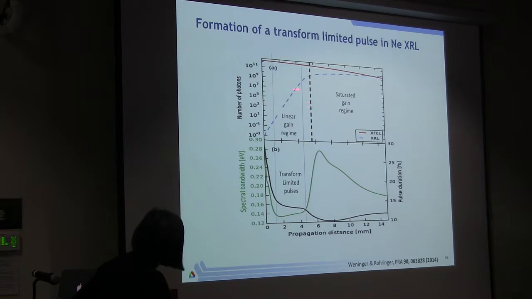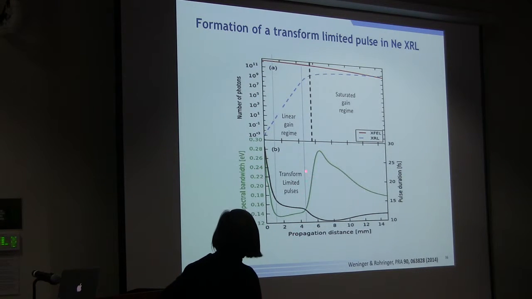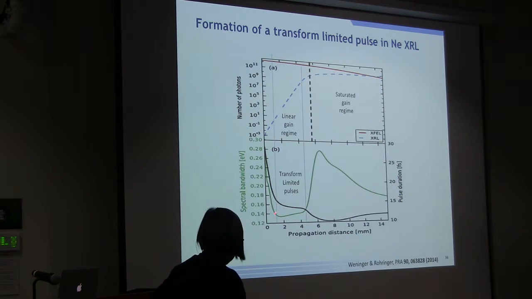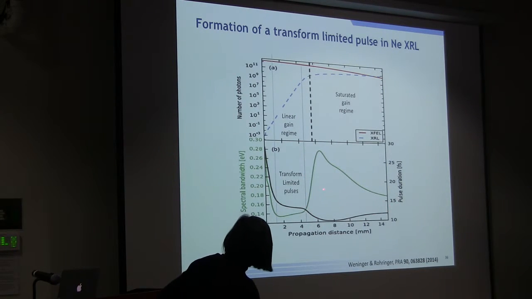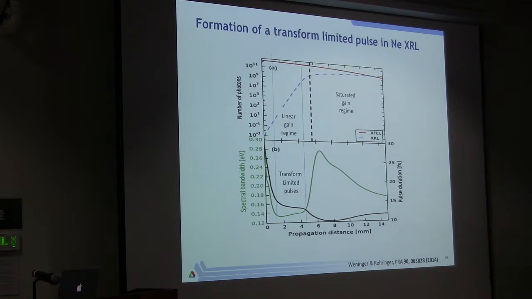In this gain regime, you could show that you could have some transform-limited pulses, but that the spectral bandwidth was kind of high-ish. First it went down in this narrowing region, and then went higher after propagation, and the pulse duration had this unusual shape associated with it.